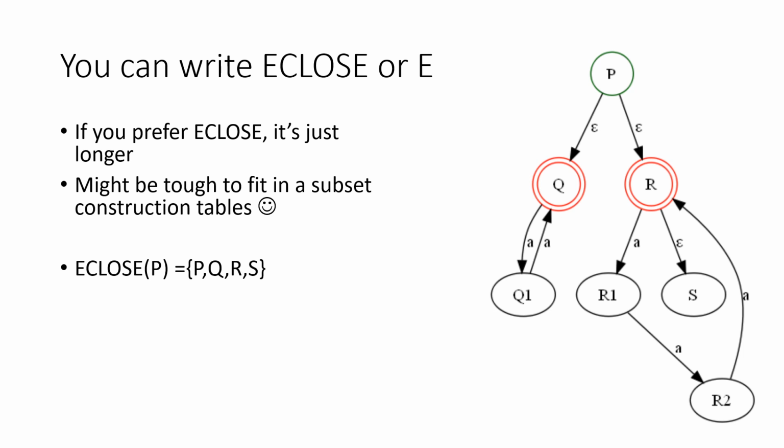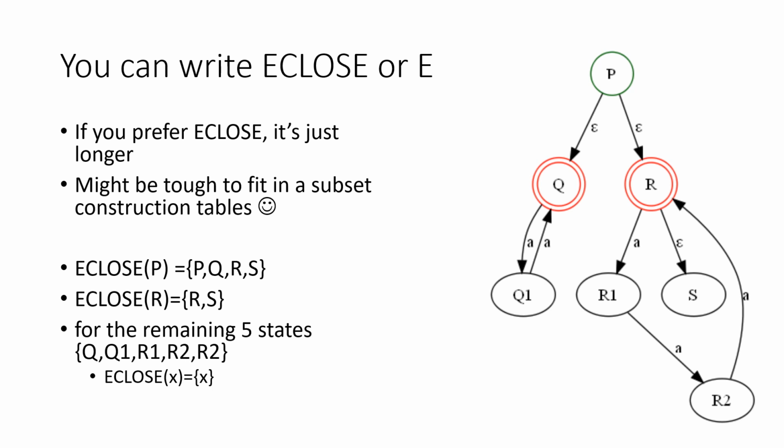We actually have four states here: P itself, Q and R because it has epsilon transitions there, and then S because there's an additional epsilon transition from R to S. The epsilon close of R is R and S, and for the remaining states there are no epsilon transitions, so the epsilon close of that state is just the set containing itself. All we did here was illustrate that you can use eClose as the function instead of just E.